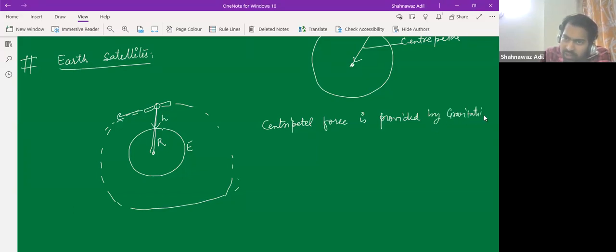This is the thing that we have to remember, right? So we have F centripetal equal to Fg. How much is this centripetal force? If the satellite has a mass m, what is the centripetal force of this satellite?